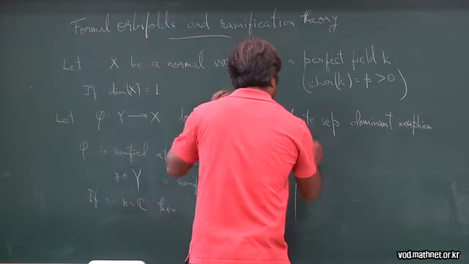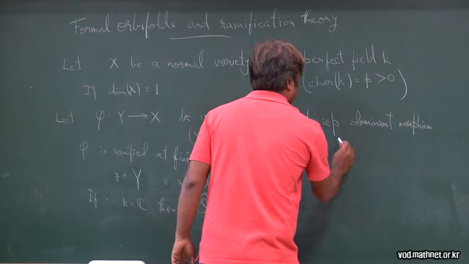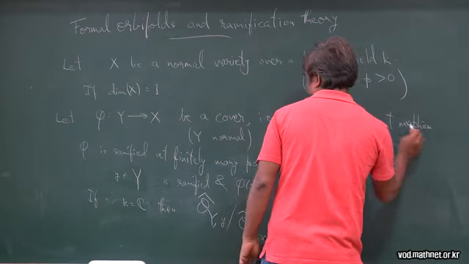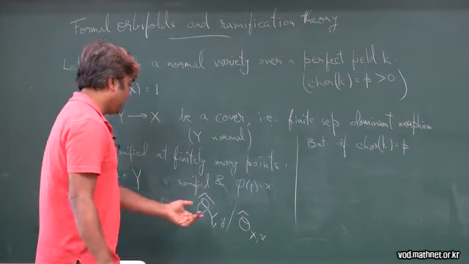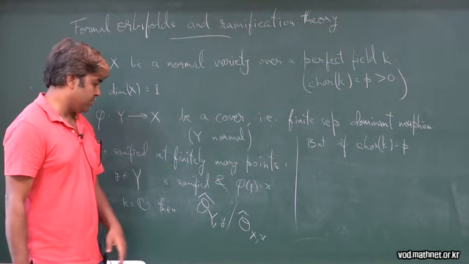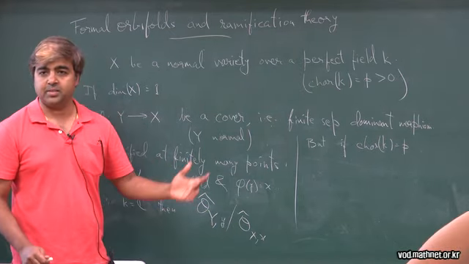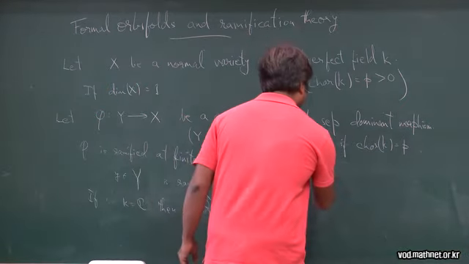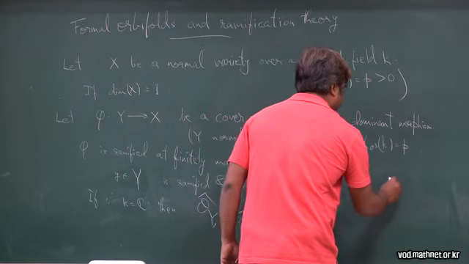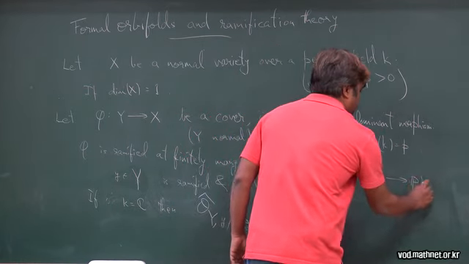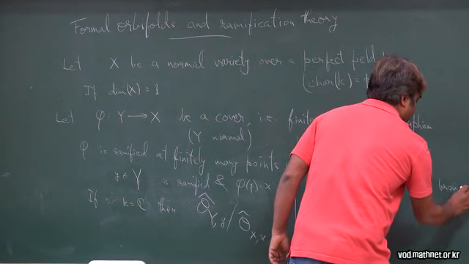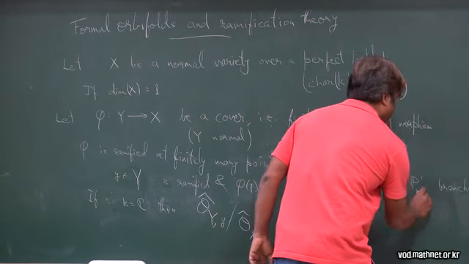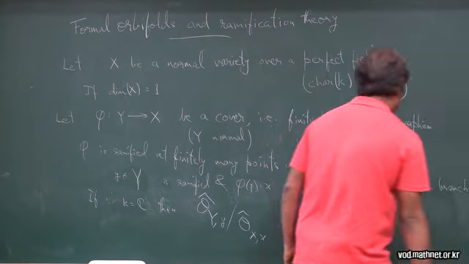But if the characteristic of K is equal to p, then the degree of this extension won't determine the corresponding field extension, because of the various Artin-Schreier extensions. For example, say we have a cover X to P1 branched at infinity, where the local coordinate is x, branched at x equals infinity.